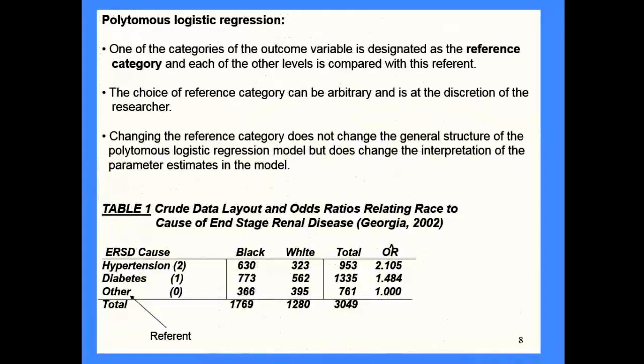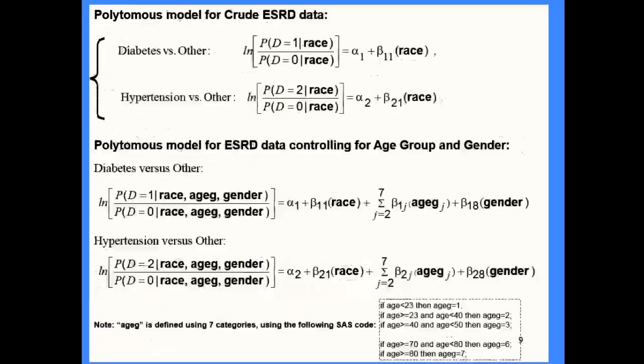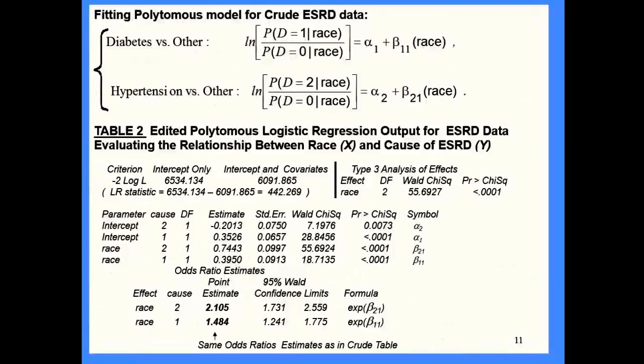If I run this model with this data set on the 3,000 people, and I'm not controlling for anything else, I'm just using a 3x2 table, I'm going to get 2.105 and 1.484. This is the way I can run a model to get that, and I also get confidence intervals. The formula 2.105 is e to the beta 2,1, and 1.484 is e to the beta 1,1.